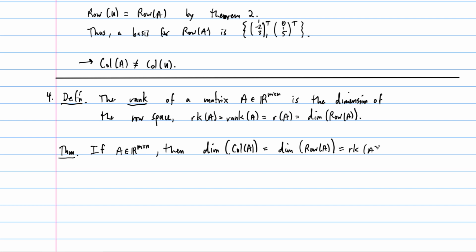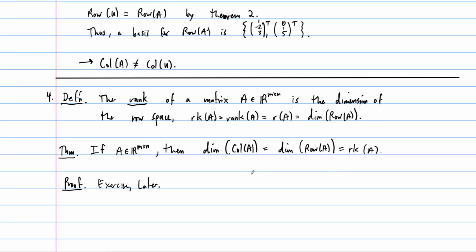The dimension of the column space must also be the rank. The proof of this one is going to be an exercise, but it's going to happen later. For now we'll just believe this.